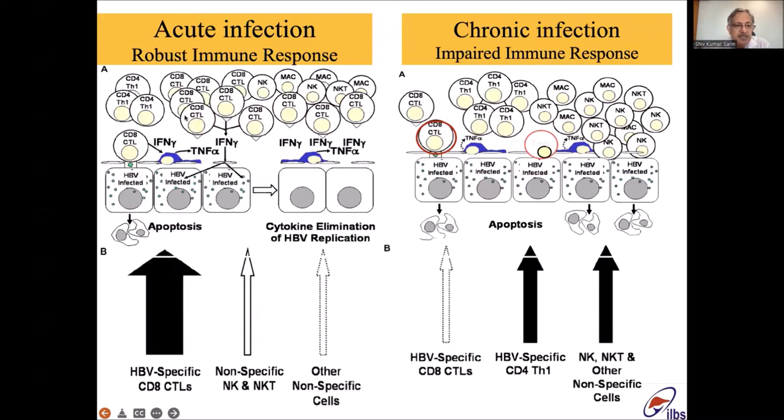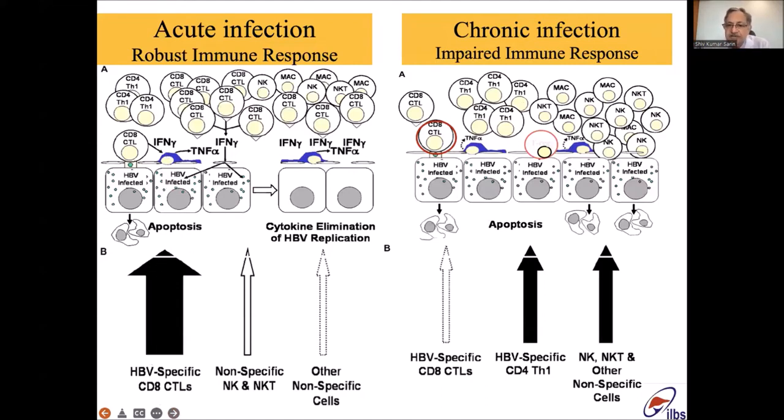In these patients, the CD8 positive T cells will come. They will give interferon and they will kill the cell, clean. So CD8 CTLs will come and clean. So now you have no virus in acute hepatitis. These are CD8 hepatitis B specific cells.